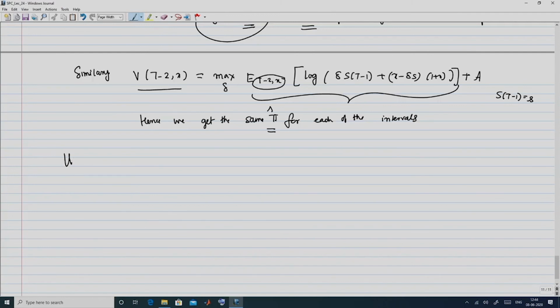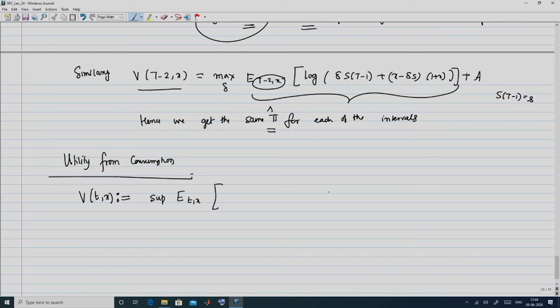Okay, so we just end our discussion with the problem statement for utility from consumption. For the utility from consumption, I first define the value function V t x, and this is going to be nothing but the supremum of E t x of the utility of x of t, as before, over not only just delta but also the consumption C, and in addition I have to take the utility of the consumption process C of t from time t equal to 0 to capital T minus 1.